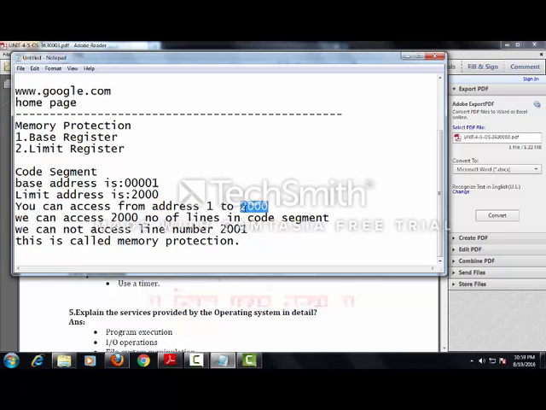In between 1 and 2000, there are 2000 lines of code. We can access any one line, but we cannot access anything that exceeds the range of 2000. So we cannot access line number 2001. It crosses the range of the segment, the code segment. This is called memory protection.